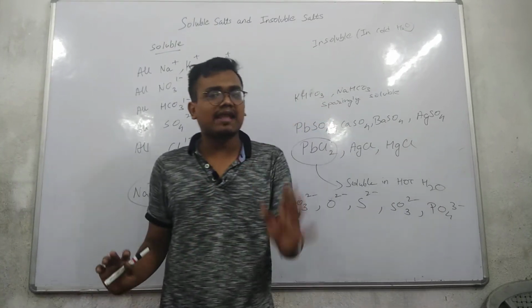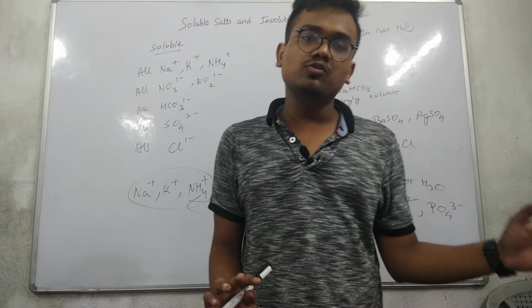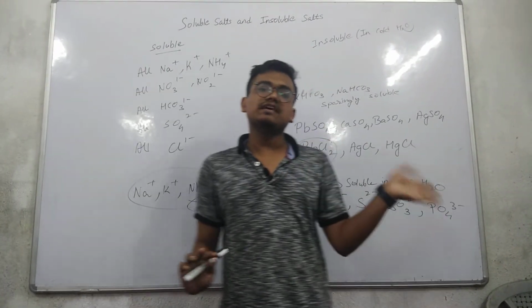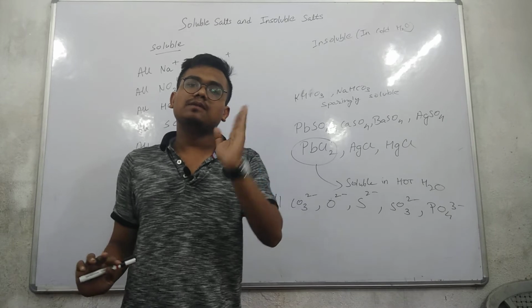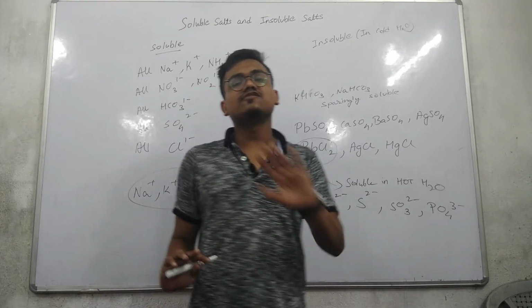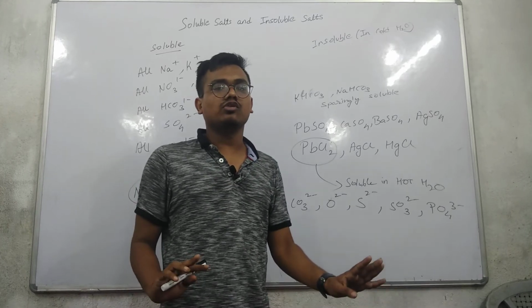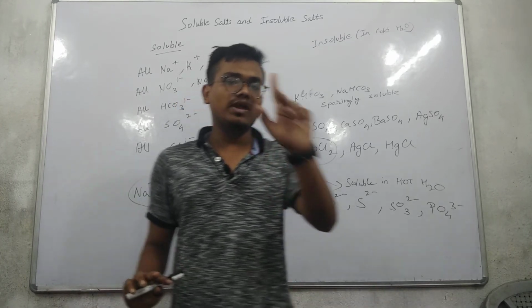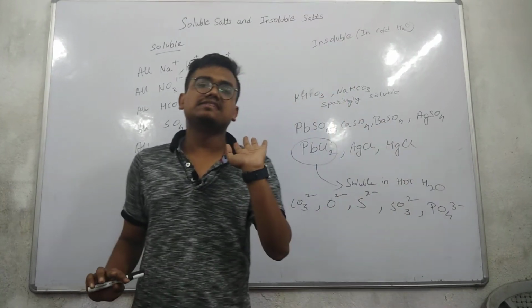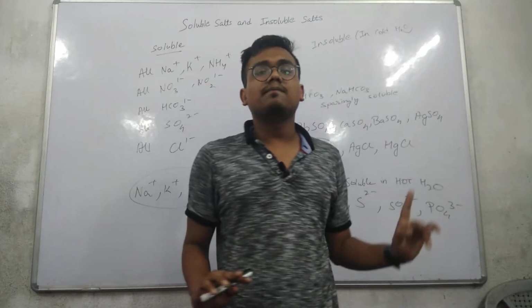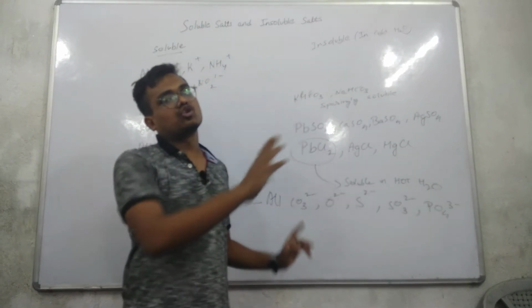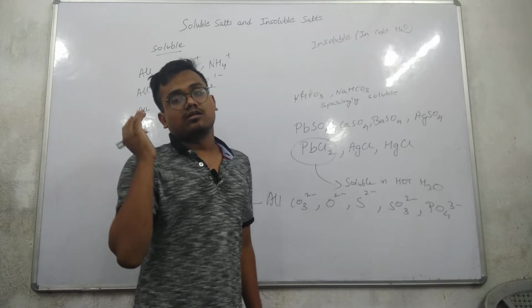All sulfates are soluble except the four: BaSO4, CaSO4, PbSO4 and Ag2SO4. All chlorides are soluble except three: PbCl2, AgCl and HgCl, of which PbCl2 is soluble in hot water but not in cold water.